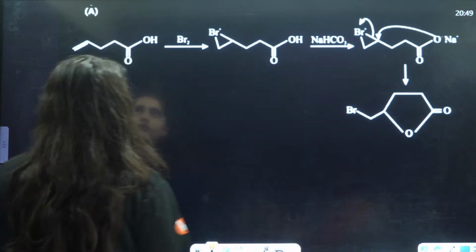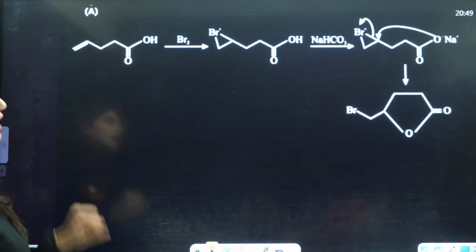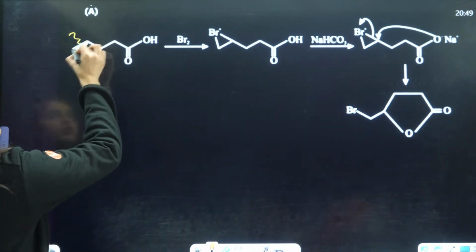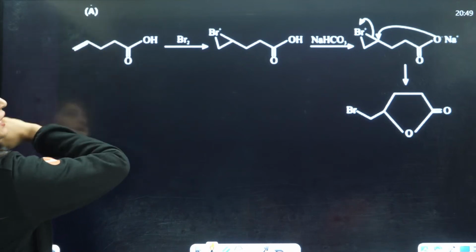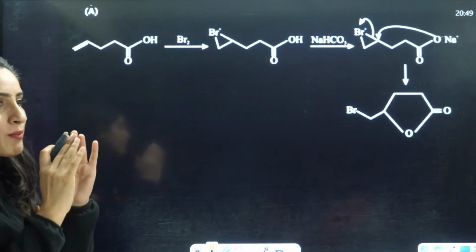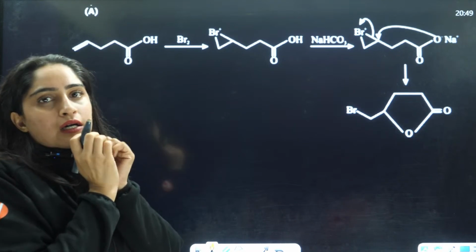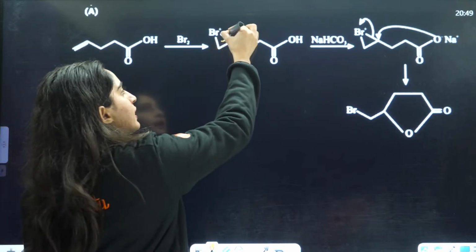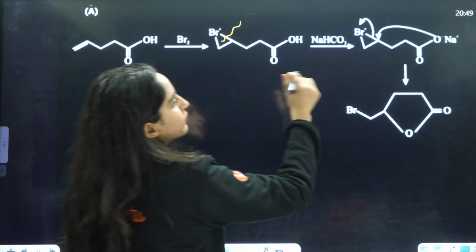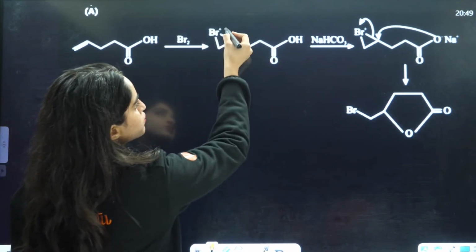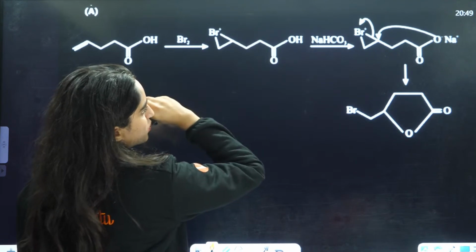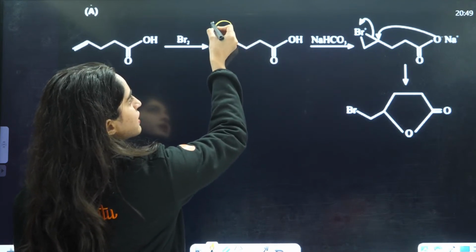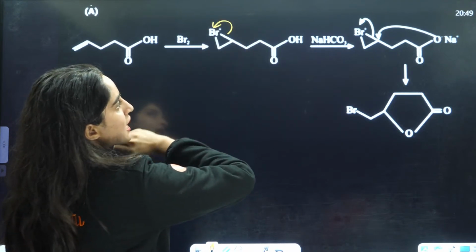So basically what will happen, if you talk about Br2, first it is going to attack on this pi bond and form a cyclic intermediate, right? Now this will break, and you have NaHCO3, right? This electron will jump here.